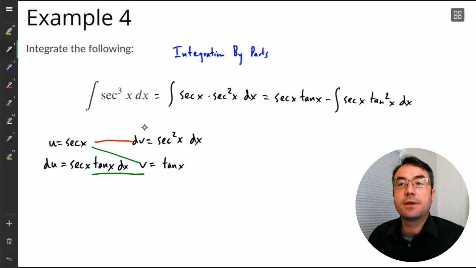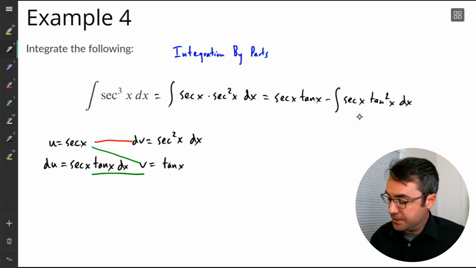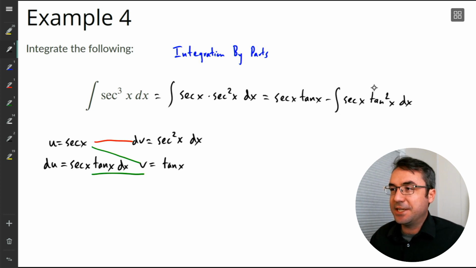And we're going to keep going with the integration here. So let's keep going. And we have this tangent squared. Now when we look at the formula here, we're done with this part, the secant times tan.